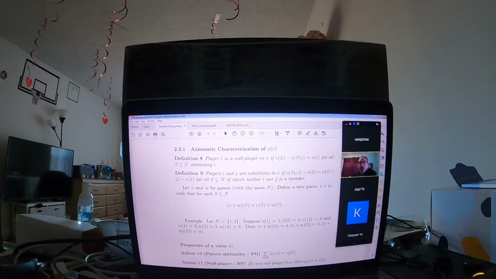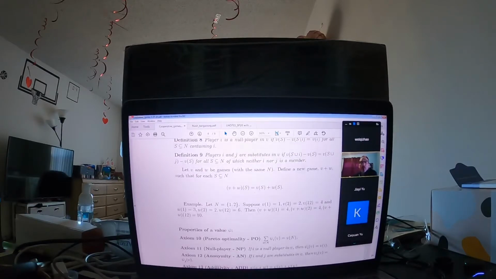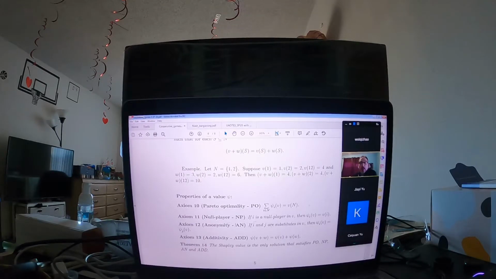So we take any coalition S, of which neither is a member, and if I were to join that coalition, or if J were to join that coalition, they would generate exactly the same surplus. From the point of view of the other members of S, they wouldn't care at all whether I joined or J joined, because they're essentially equivalent. They're substitutes. And the anonymity axiom says that if two players are substitutes, they should receive the same reward.